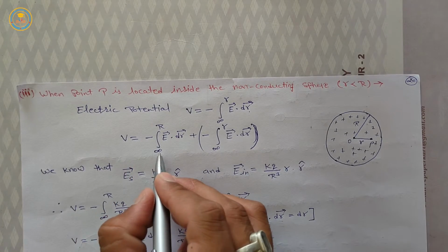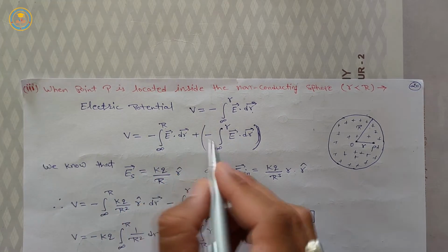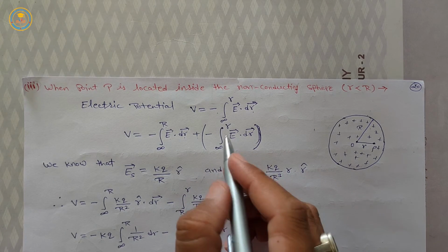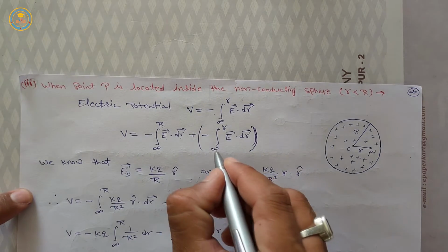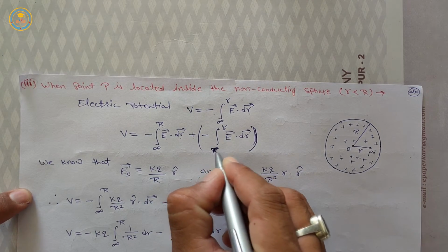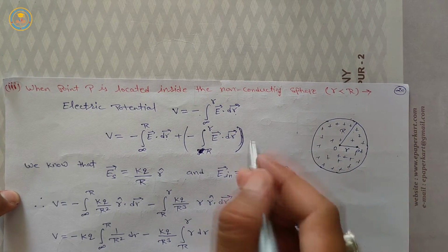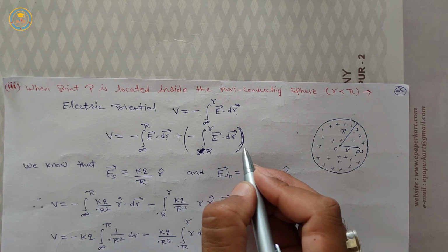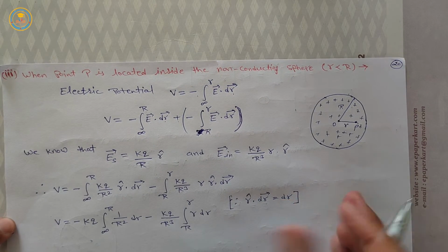So V is equal to minus the integral from infinity to capital R of E vector dot dr vector, plus minus the integral from capital R to small r of E vector dot dr vector. Okay, and we know the electric field intensity at an outer point and at an inner point.